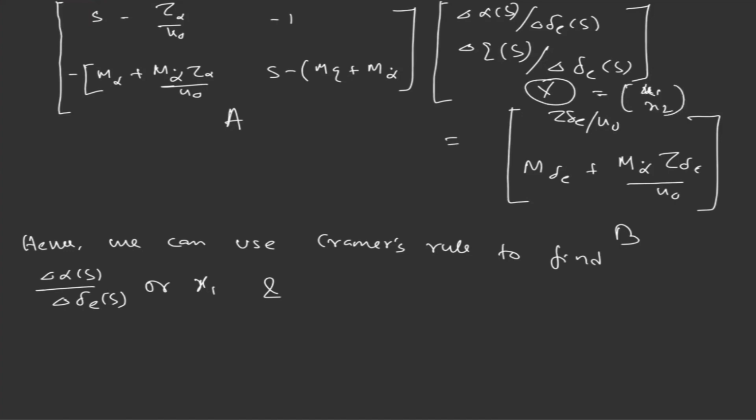So x1 is basically delta alpha divided by delta ES, and x2 is delta QS divided by delta ES.